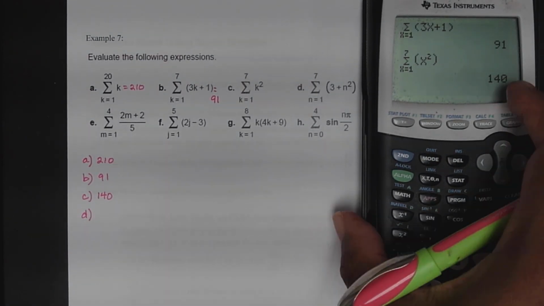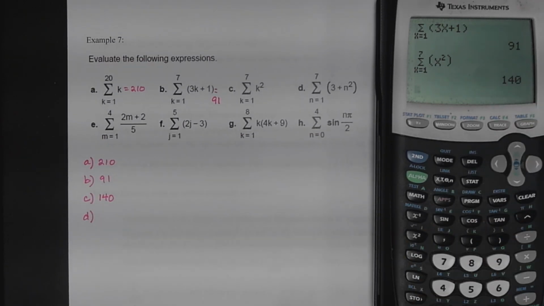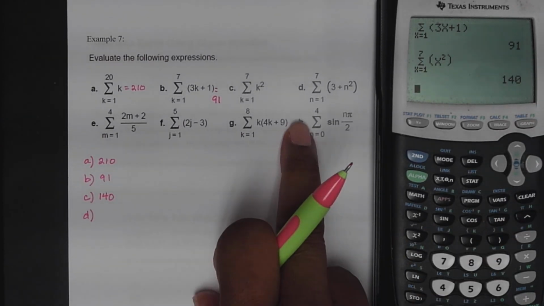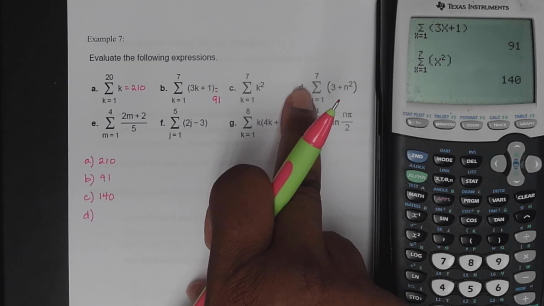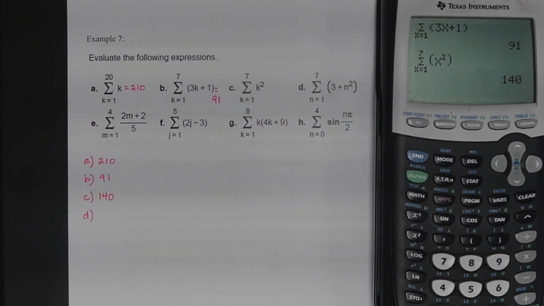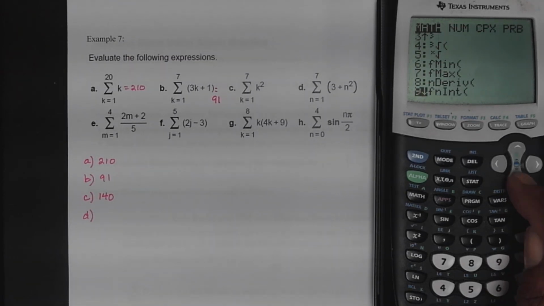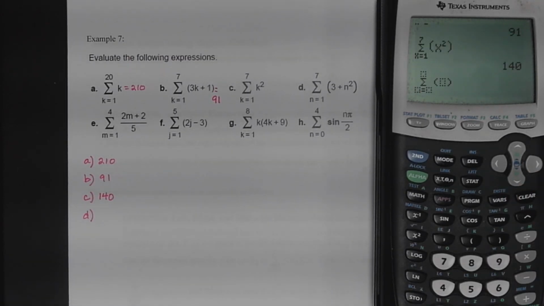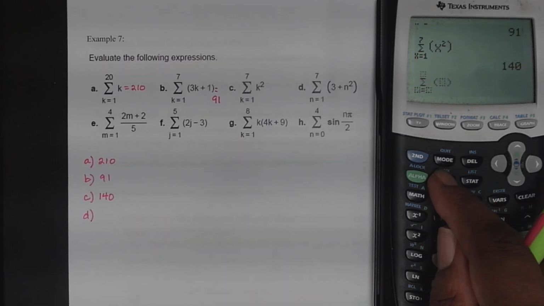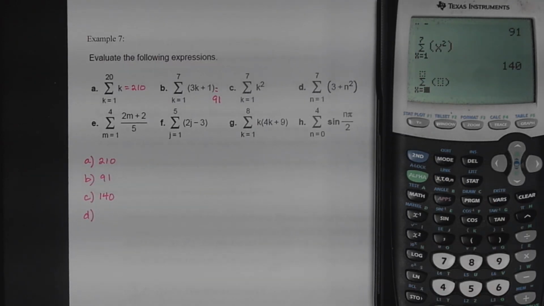And then part D, we've got the summation for n equals 1 up to 7 of 3 plus n squared. And I'm going to use x again. So math, down arrow all the way down to summation. And I'm going to use x again, so it'll be X,T,theta,n for the x.